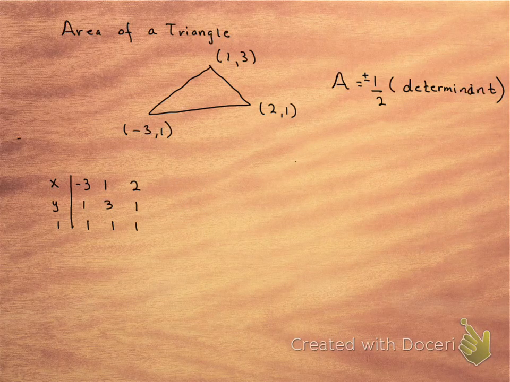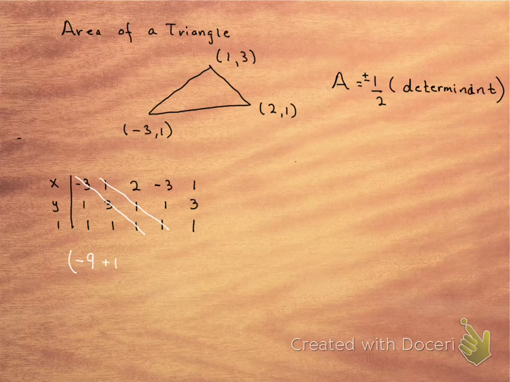So -3, 1, 1, 3, and 1, 1. Now we can find our determinant, okay? -3 times 3, that's -9, plus 1, plus 2.